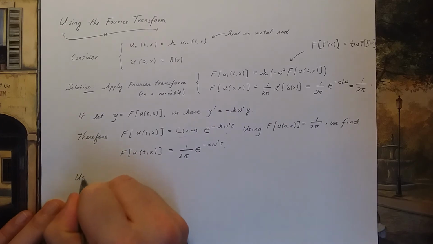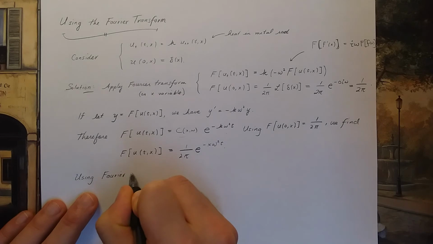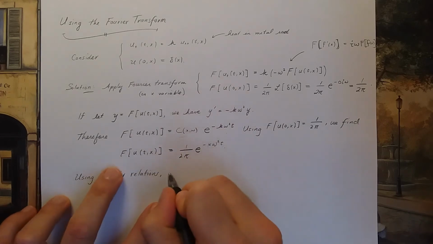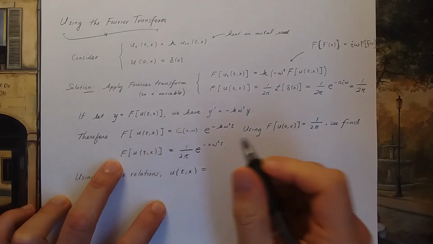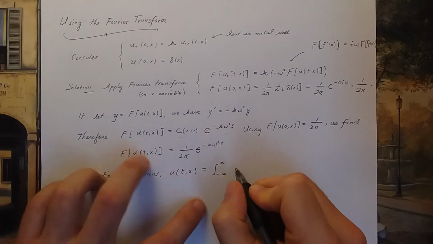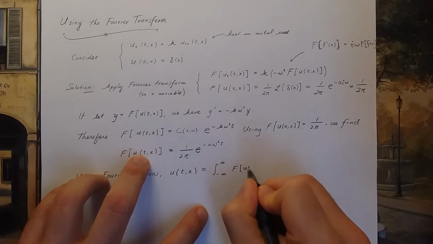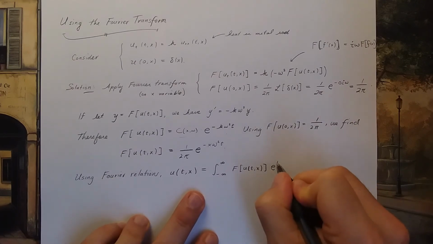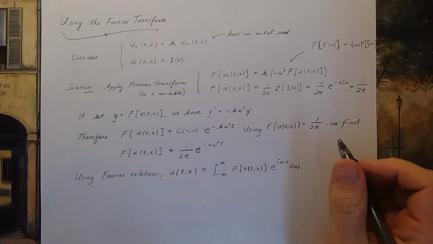So using the Fourier relations, I think we find that the actual function we've been looking for is the integral from negative infinity to infinity of this Fourier transform times e to the positive i omega x, and that's an integral with respect to omega.